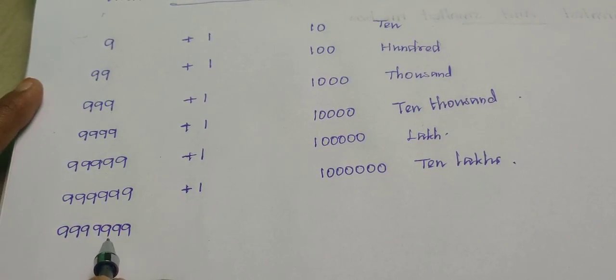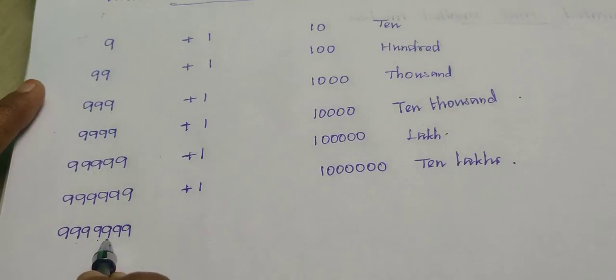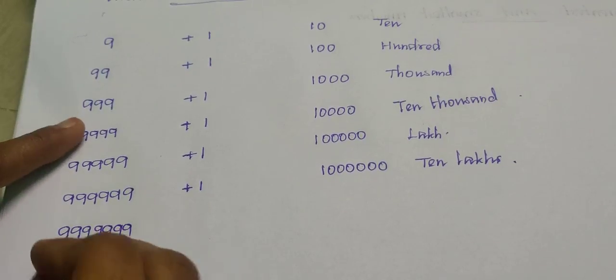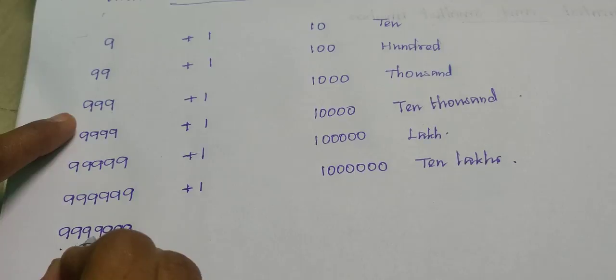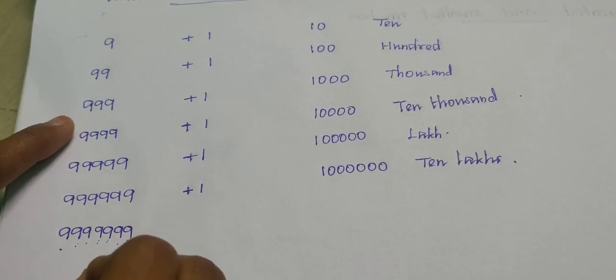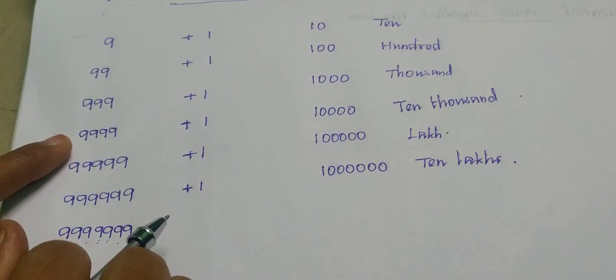Ones, tens, hundreds, thousand, 10,000, lakh, 10 lakh. So 99 lakhs, 99,999 is the greatest 7-digit number.